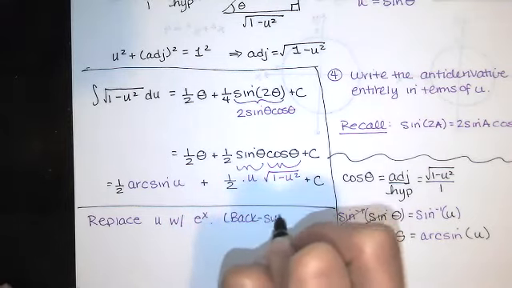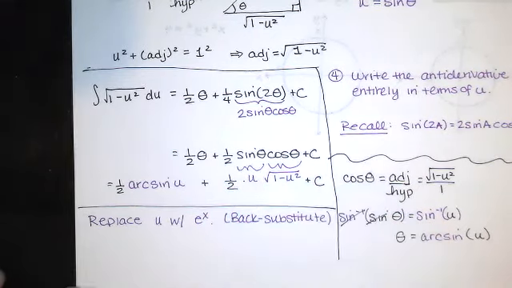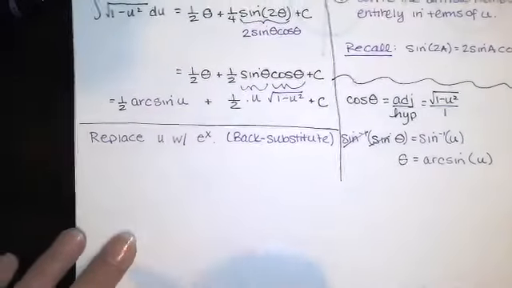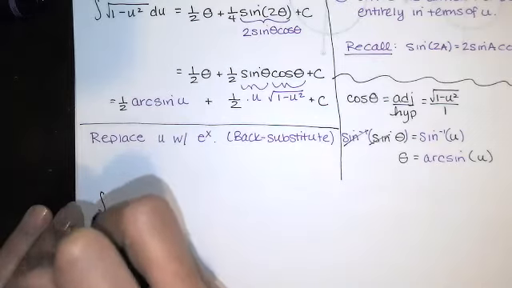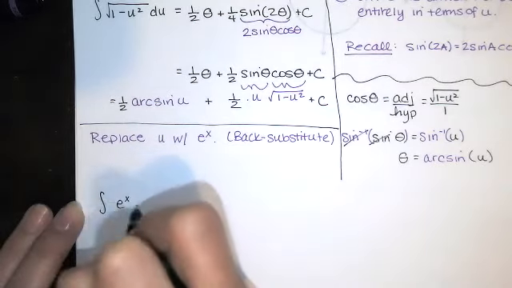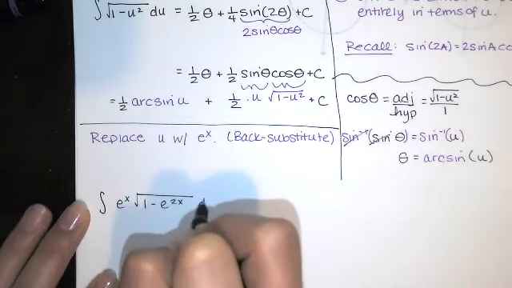U was just something you made up at the very beginning so that we could evaluate the integral. Now it turned out that that initial substitution didn't make it possible to evaluate the integral directly, but it made it possible for us to use a trig substitution to evaluate the resulting integral. So this is our answer. We just have to replace all of the u's with e to the x.